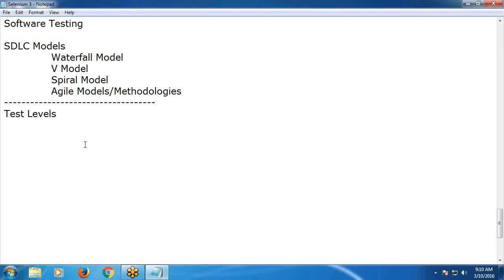Okay. Observe, basically we have 4 levels of testing for independent software applications.